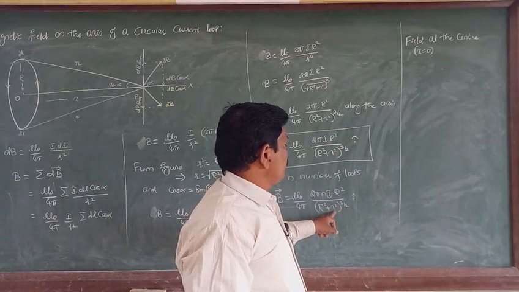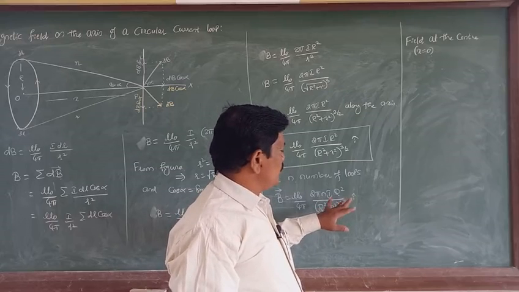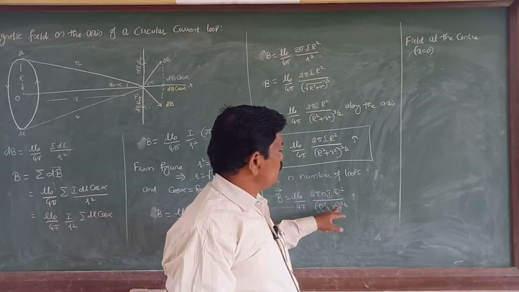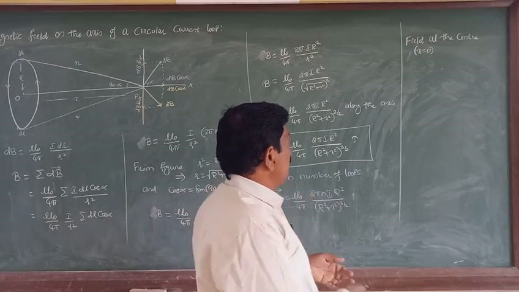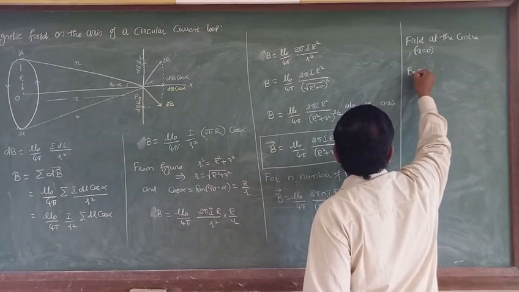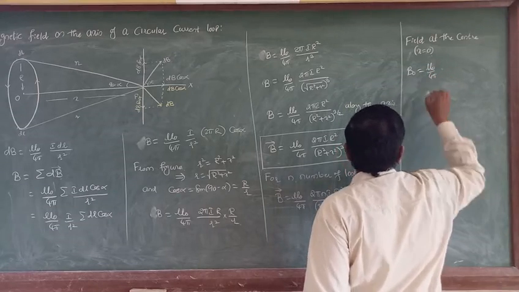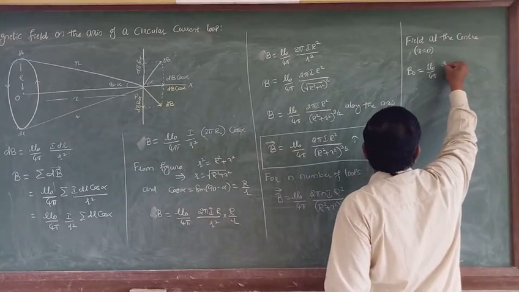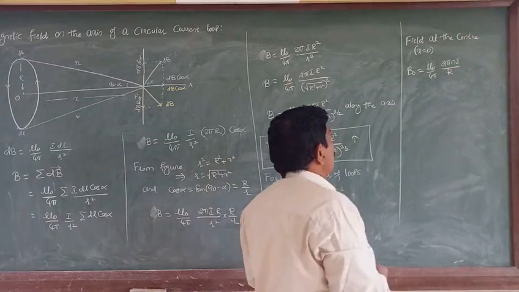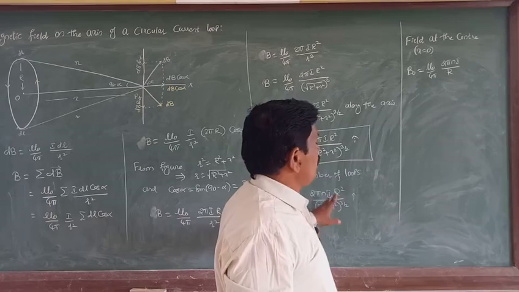By substituting the value of x as 0, r square raised to 3 by 2 is r cube. So hence we can write the field at O, B naught equal to mu naught upon 4 pi, 2 pi n I divided by r, because the denominator becomes r cube, and r square by r cube is r.